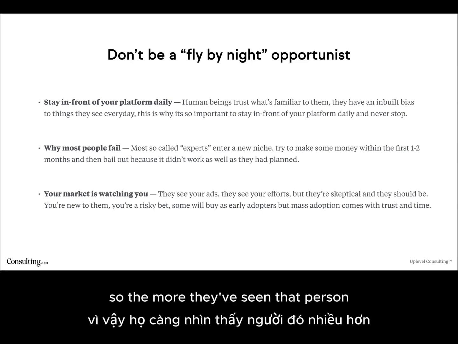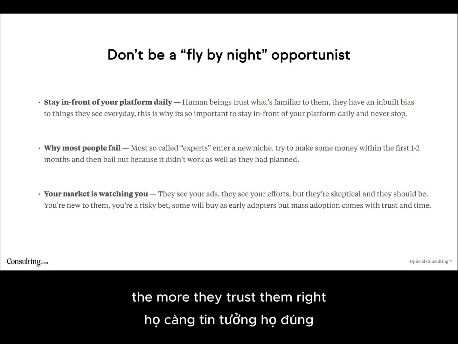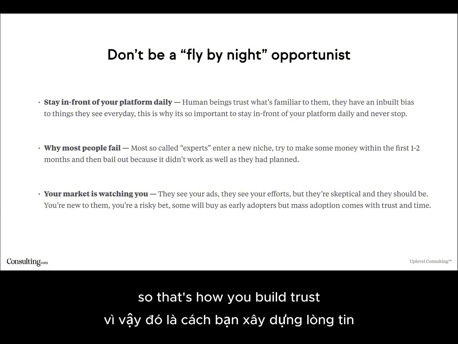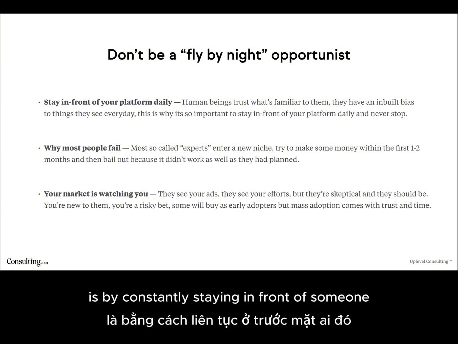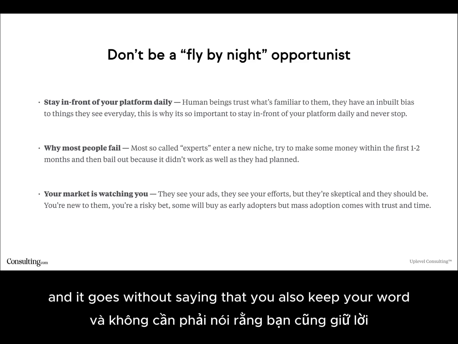So the more they've seen that person, the higher they are in their awareness, the more they trust them, right? That's how you build trust: by constantly staying in front of someone over a long period of time. And it goes without saying that you also keep your word, right?